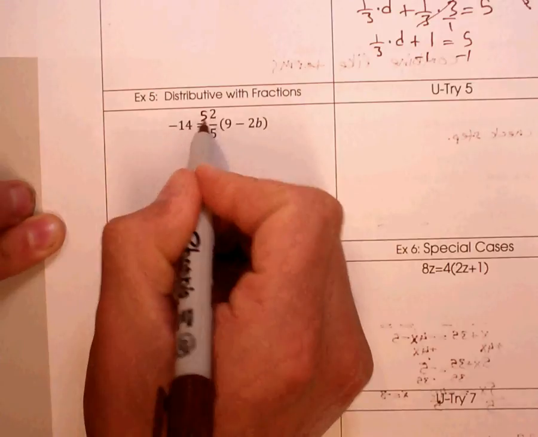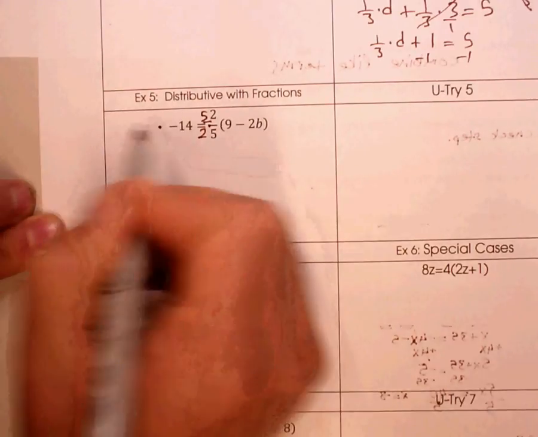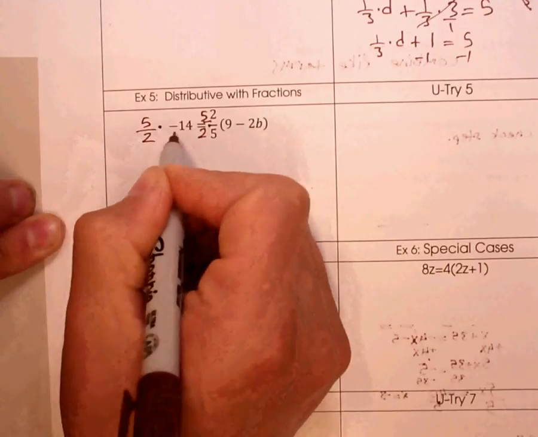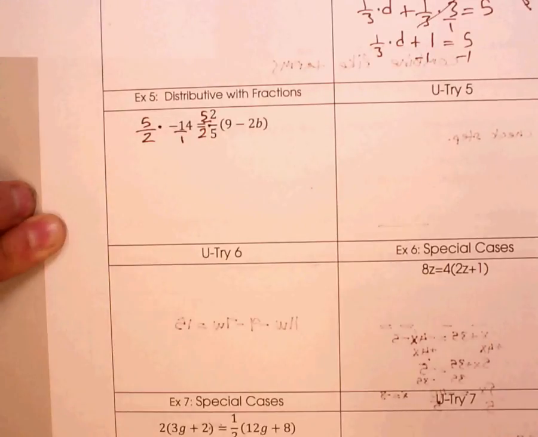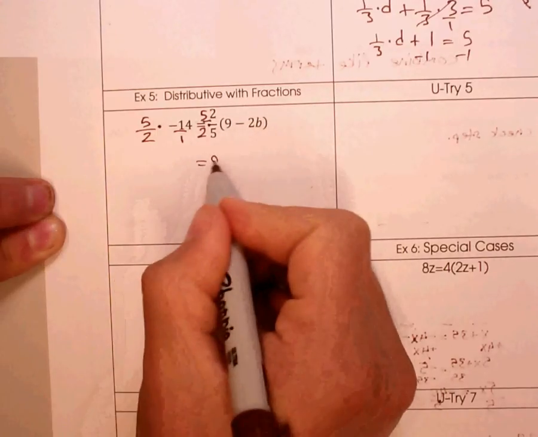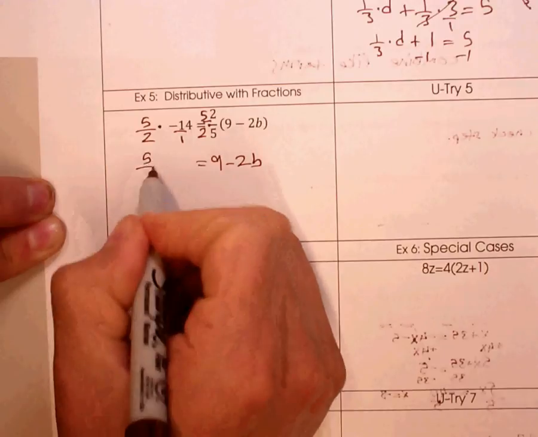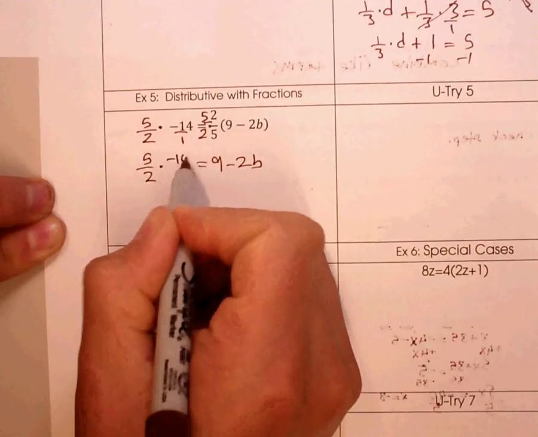It will be 5 over 2 here, and multiply this side by 5 over 2 as well. Remember that 14 can be written over 1 as well. These will simplify. We will have 9 over 2b on one side, 5 over 2 times negative 14 over 1 on the next.